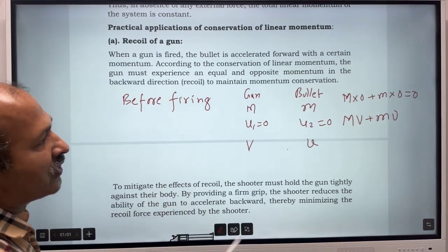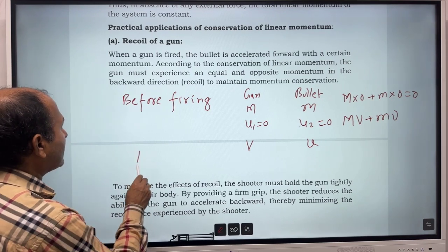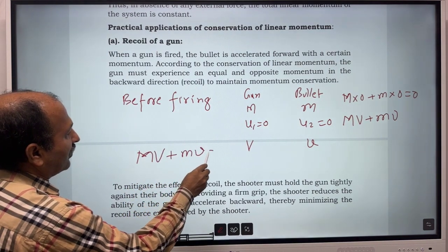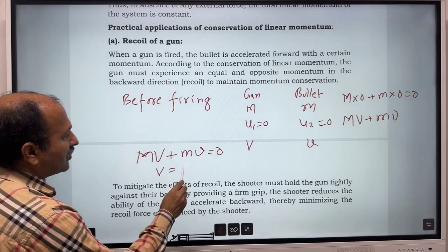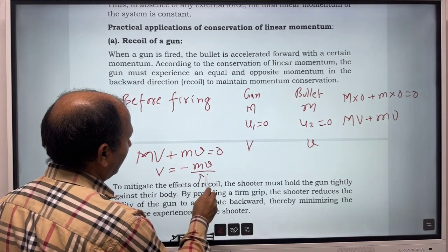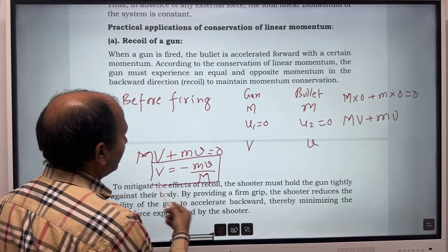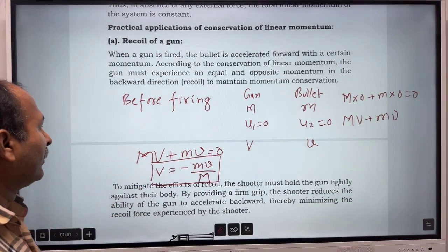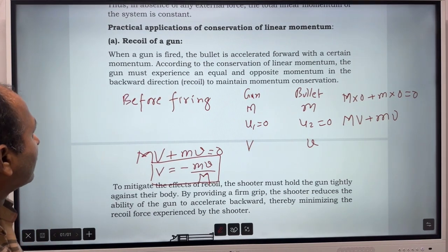Before firing it is 0. So after firing it should be 0. So we can say MV plus mv is equal to 0. And if we want to find out capital V, it is minus mv divided by capital M. So this is the recoil velocity with which gun will move in backward direction, or the person who is holding the gun will feel a jerk.